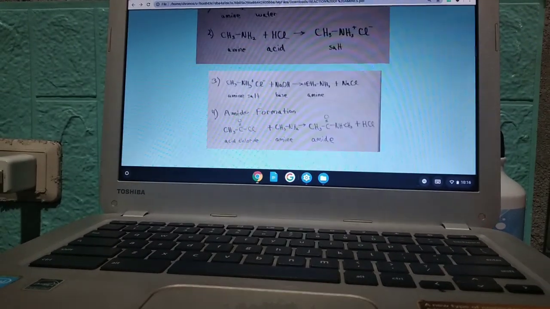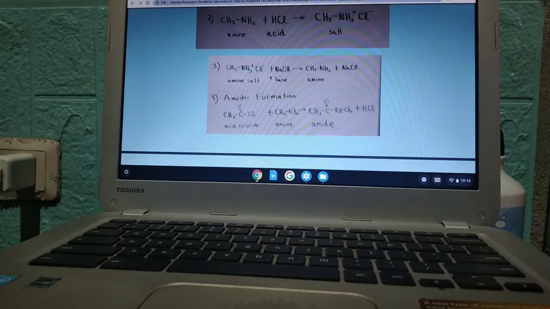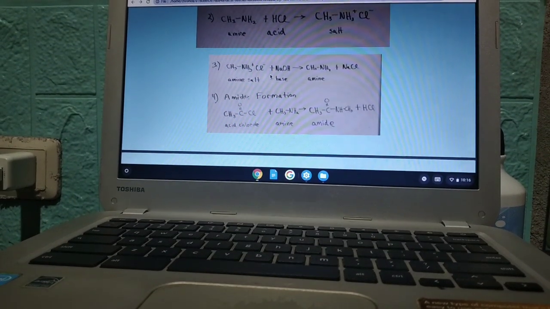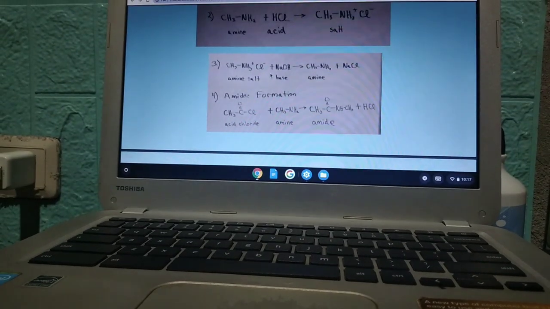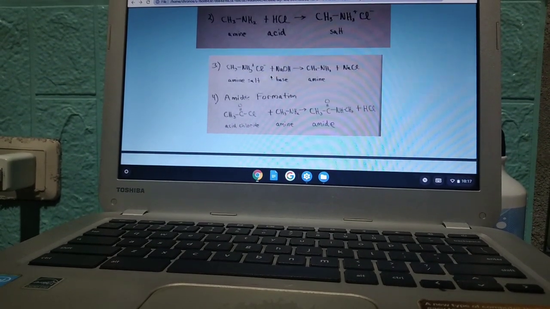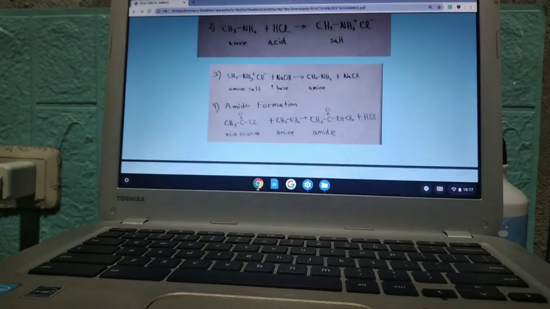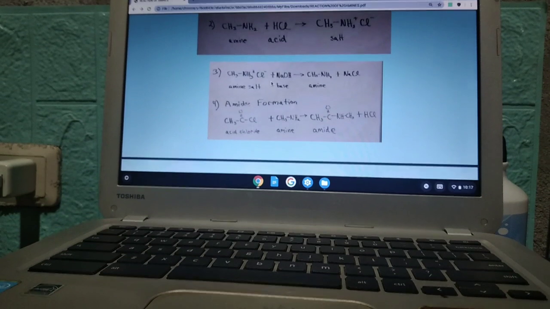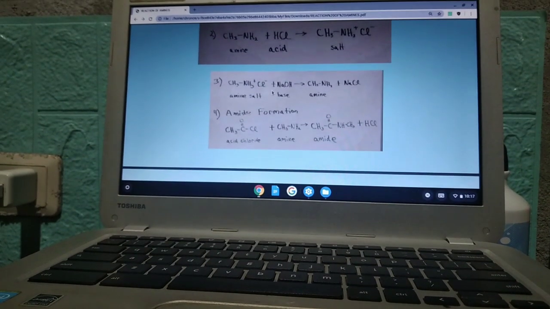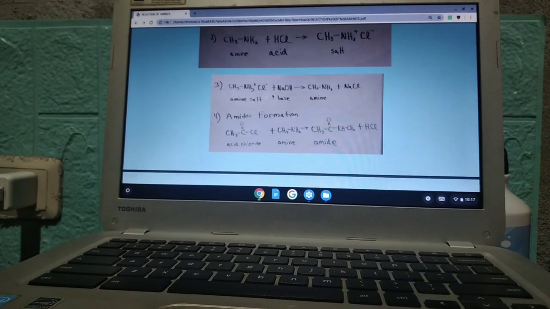So the third one. Let's look at number 3. The amine salt, the product of an acid and an amine reaction, can be reversed. We can get that amine back by adding a stronger base.